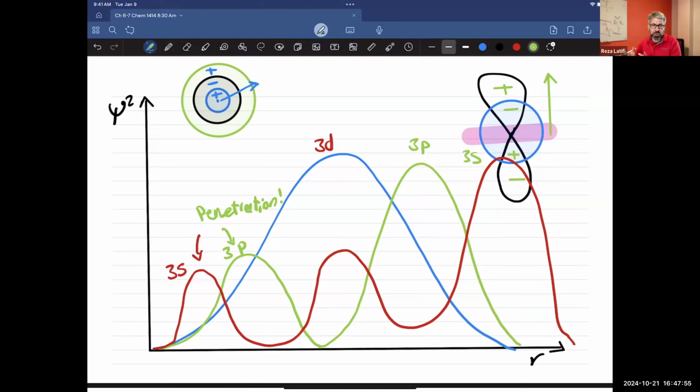And so based on max point, 3s should be the one with the highest energy because it's way far from the nucleus. But the 3s orbital has two penetrations, 2 bumps. And one of the bumps for the 3s orbital is really close to the nucleus, and that penetration will make the 3s orbital really, really stable.